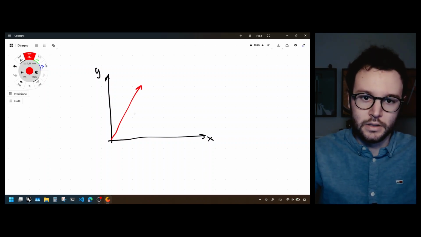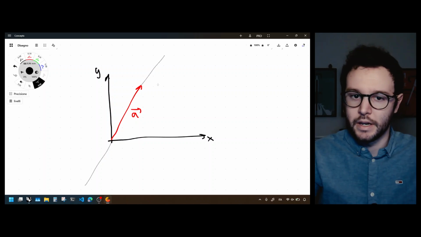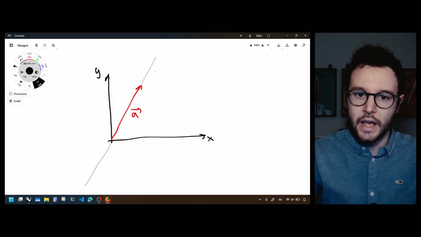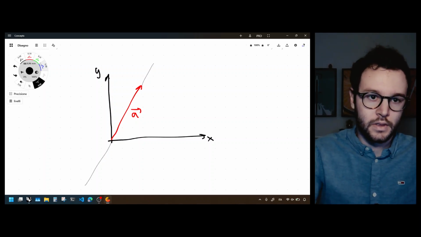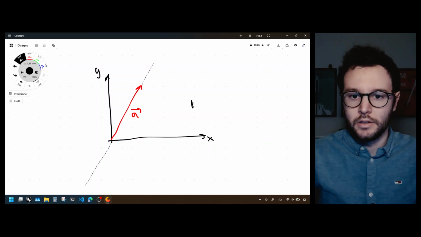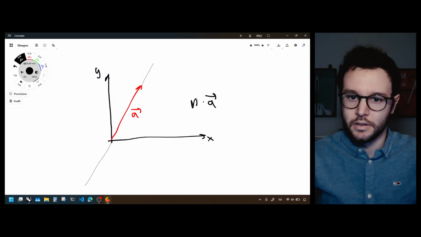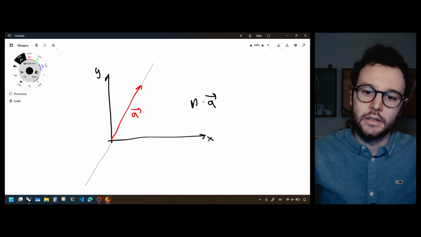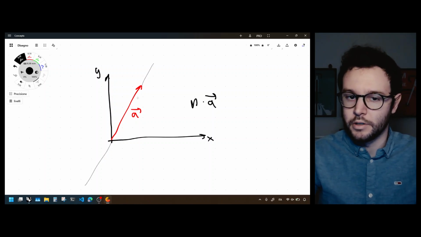Let's say this is our vector A, and this vector lies in a certain direction. So we can imagine a line, and you could do n times A. Here, n is just a scalar, just a number, any floating point number, and the result of n times A is just the same vector but longer or shorter.